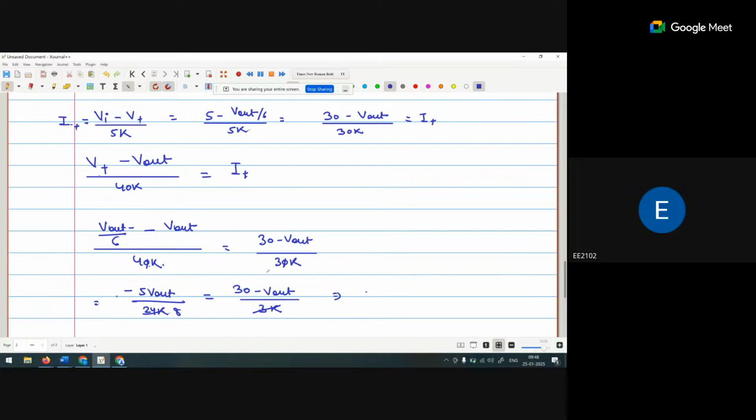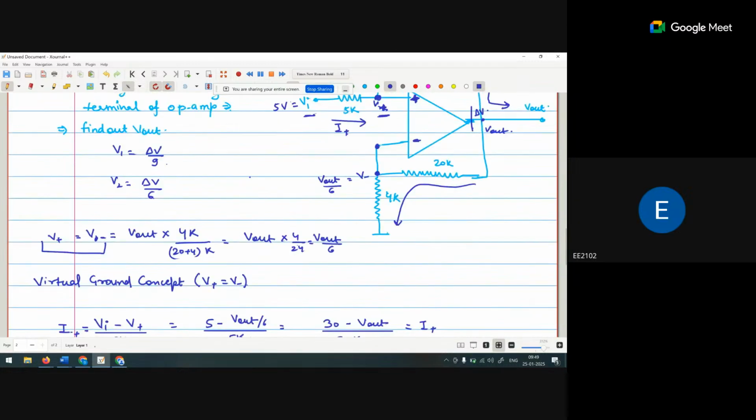So minus 5 V out is equal to 240 minus 8 V out. If I take it to this side, 3 of V out is 240. That means V out is 80. My answer is 80.